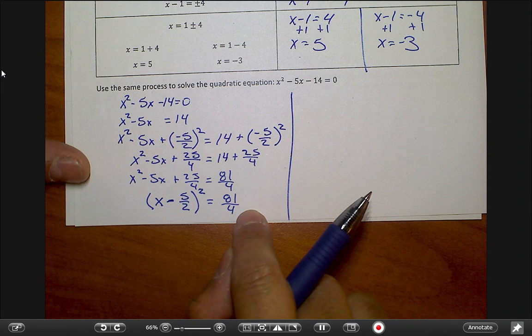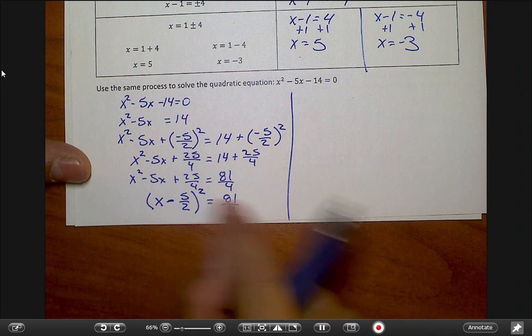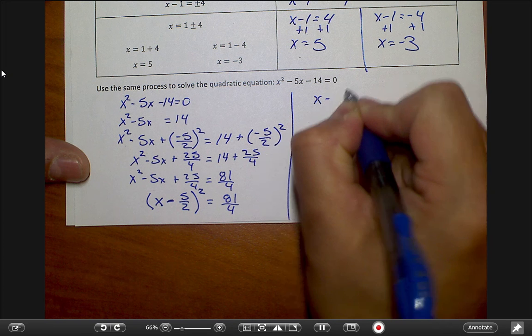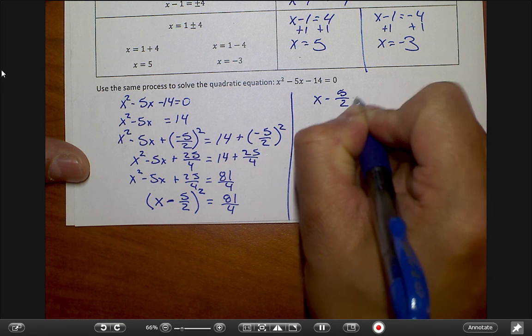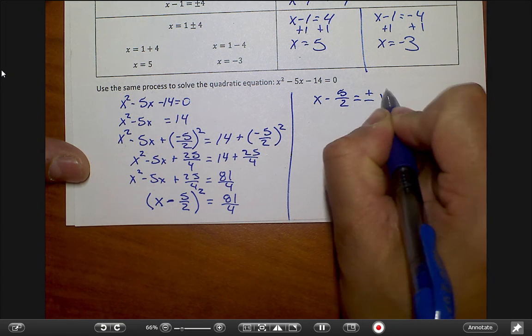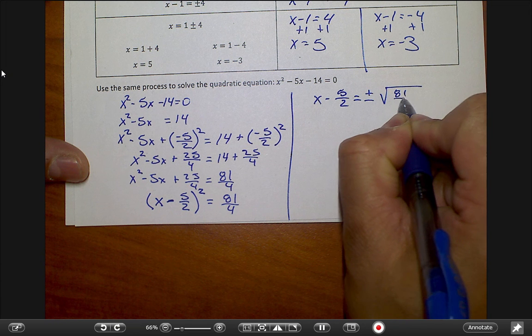Now, let's start by undoing my square. So I square root both sides. x minus 5 over 2 is equal to plus or minus square root of 81 over 4.